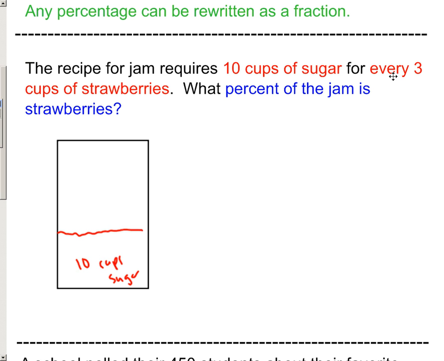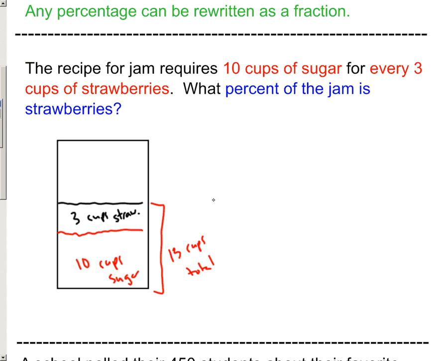Now, we still need to dump in the 3 cups of strawberries. That's not going to take up as much room, possibly. So we'll say that this is the 3 cups of strawberries, and let me just abbreviate that because I'm running out of space. Now, the whole jam together is how many cups? 13 cups total.